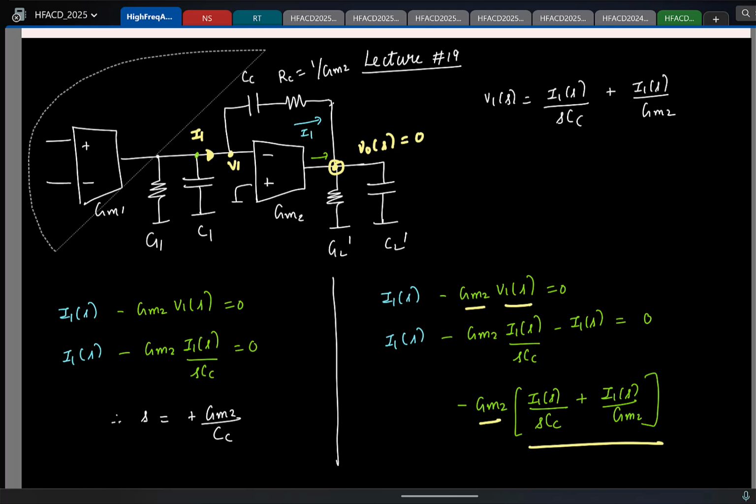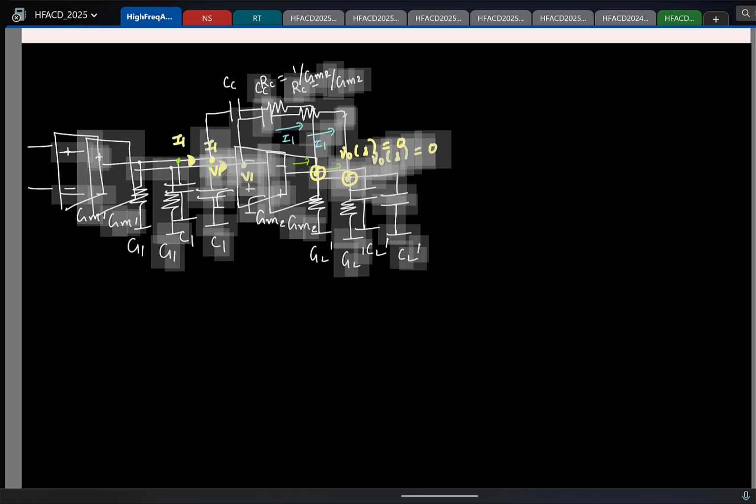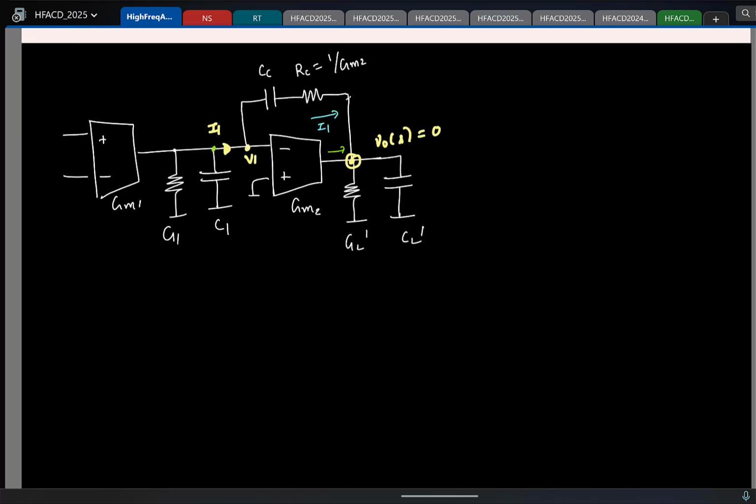So let me take it to next page. So this is one easy way to eliminate the RHP 0. The idea is to just introduce an additional resistor RC whose value is 1 by GM2 in series with your compensation capacitor, and that's it.